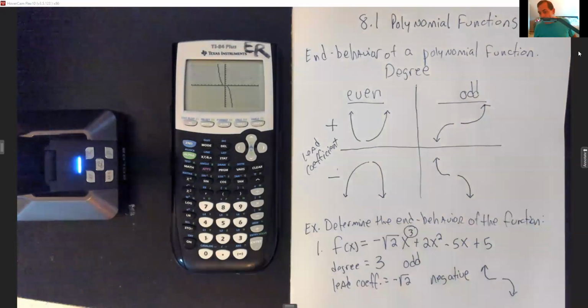So y'all, that's the trick on this. We just gotta figure out the degree, sign of the lead coefficient, pick one of our pictures and move on, okay?